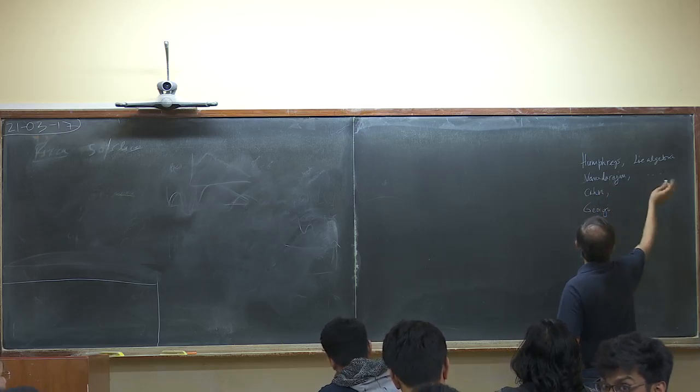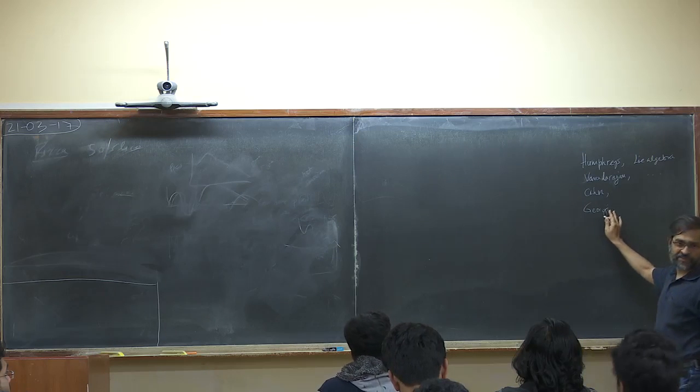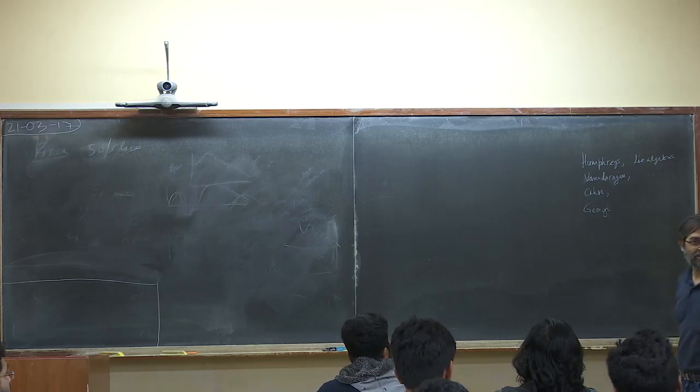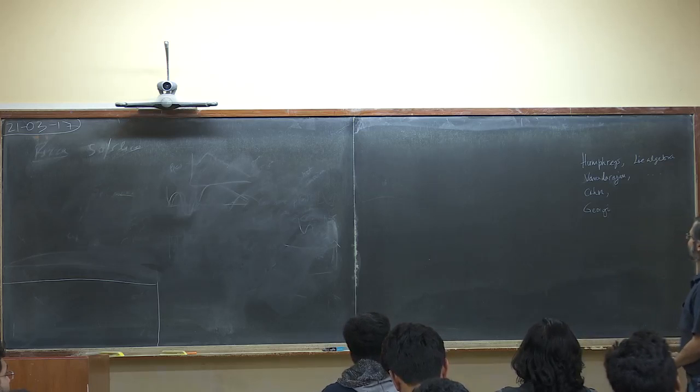Kahn also is something like algebra and representation or something. Georgi explicitly says that it's group theory for particle physics. So no pretenses there.